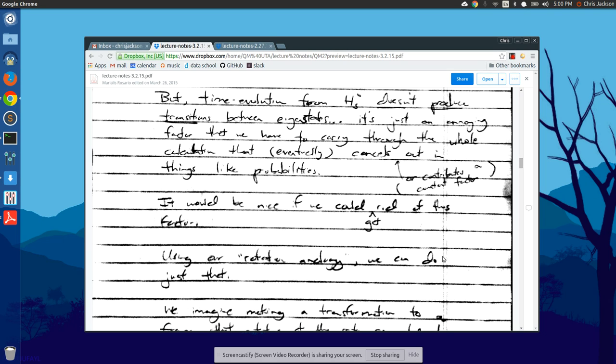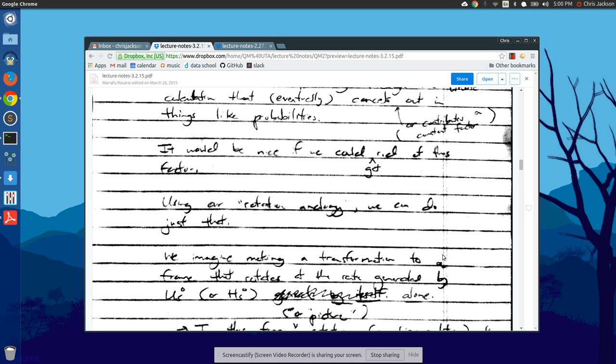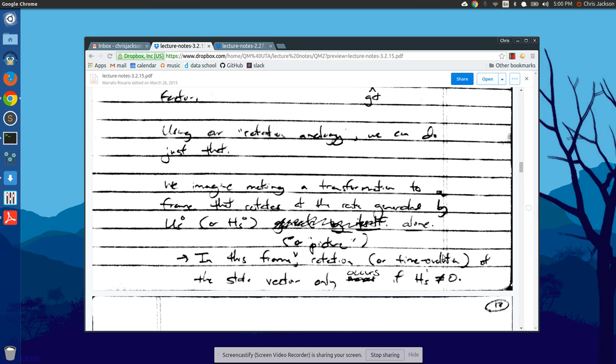And the way that we do that is to use this rotation analogy and imagine doing a transformation. Remember, the time evolution we can think of as the vector in our Hilbert space rotating because of the time evolution.